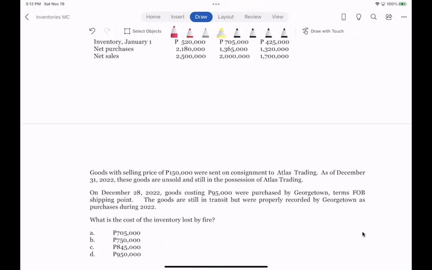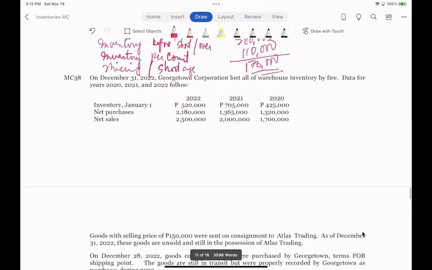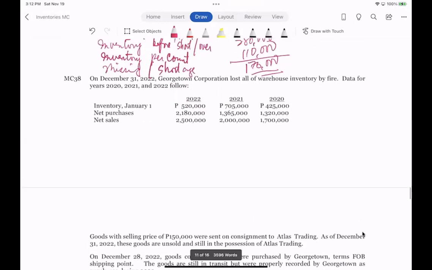As of December 31, 2022, these goods were unsold and still in the possession of Atlas Trading. On December 28, 2022, goods costing $95,000 were purchased by Georgetown, terms FOB shipping point. The goods are still in transit but were properly recorded by Georgetown as purchases during 2022. What is the cost of the inventory lost by fire?